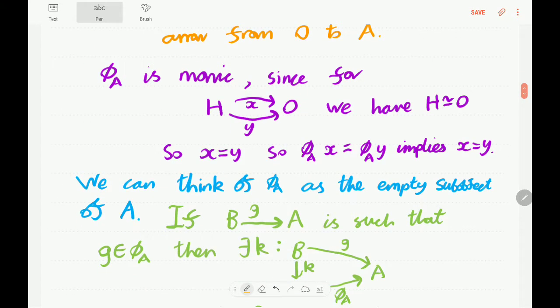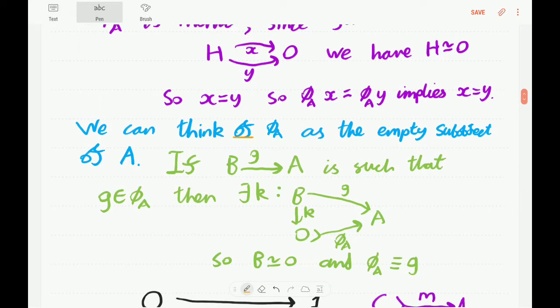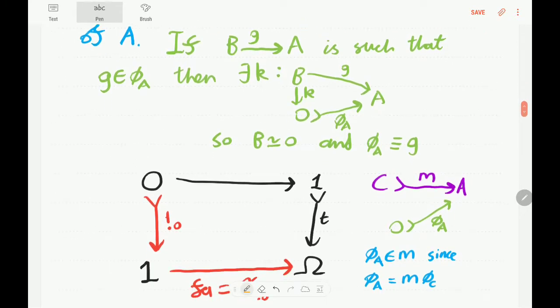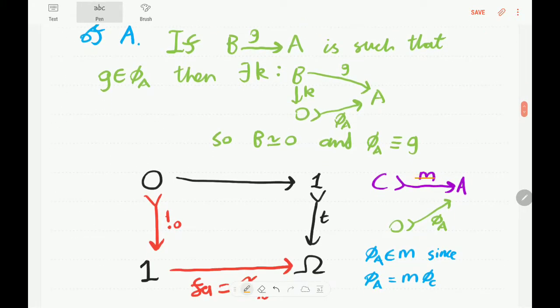And it makes sense to think of it as an empty subobject of A. So one of the properties it has is that if we have any monomorphism M, say from an object C to A, then we always have that 0_A is in M. Why is that? Well, let's think about what this arrow 0_C does.